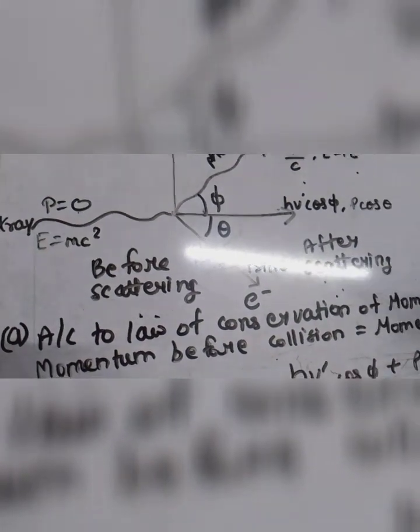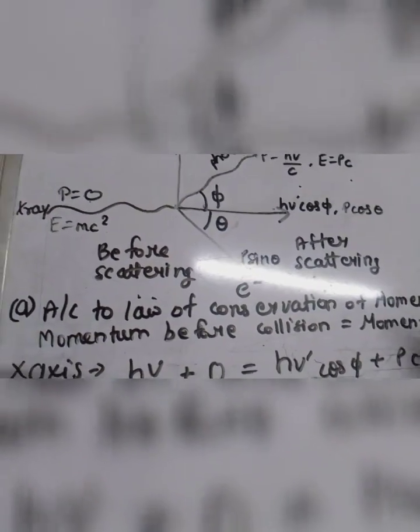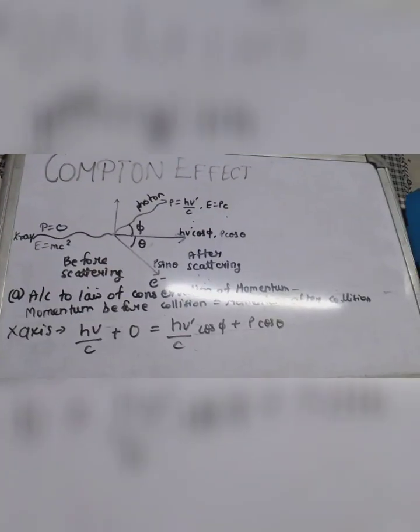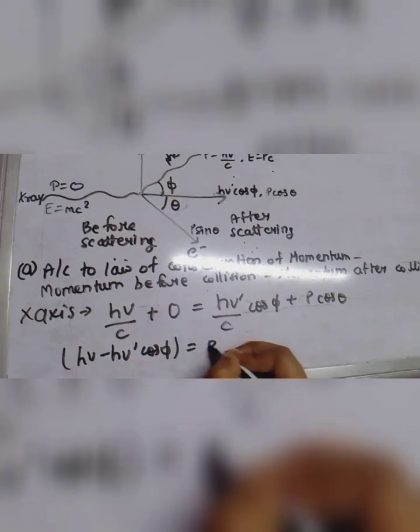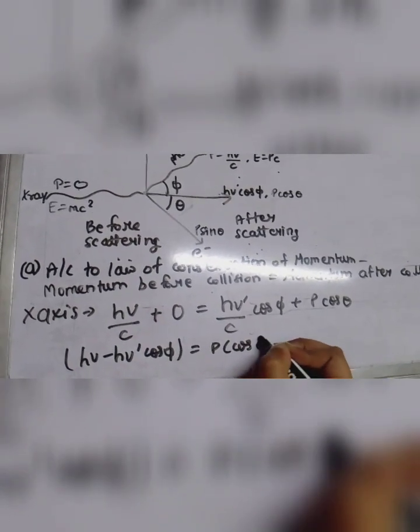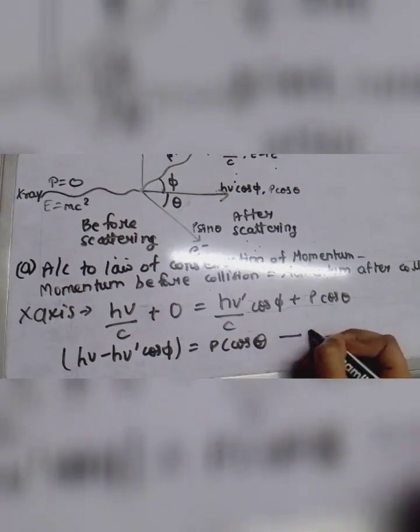Taking it to the LHS and taking it common, it will look like this, pc cos theta equals h mu minus h mu dash cos phi. This is our first equation.